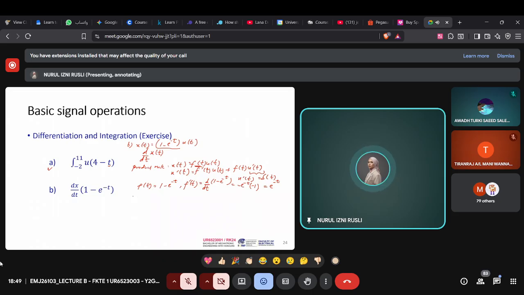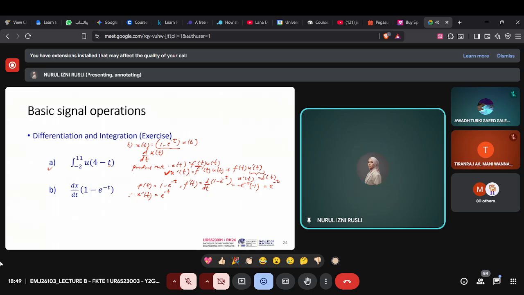And of course, therefore, you could represent x prime t equal to exponential minus t. This is the f prime t that you solved earlier.